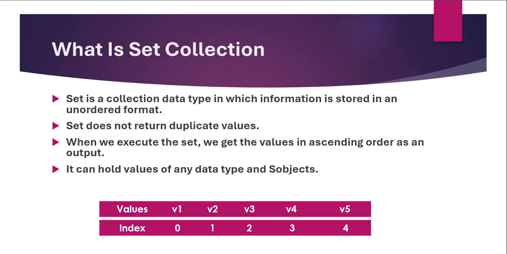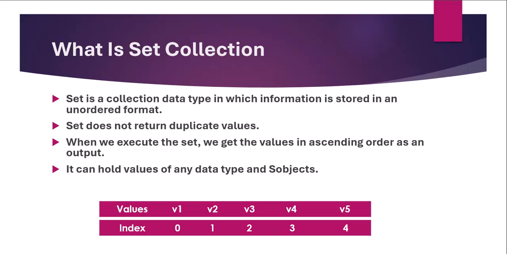Set collection is also a data type in which information is stored in unordered format. Unordered format means whenever you create any set collection and add values to it, after executing the program, the order of values you added in the set collection is not displayed in that same order. Instead of that, the set collection sorts that order and displays in ascending order.